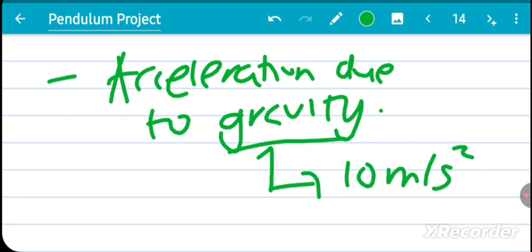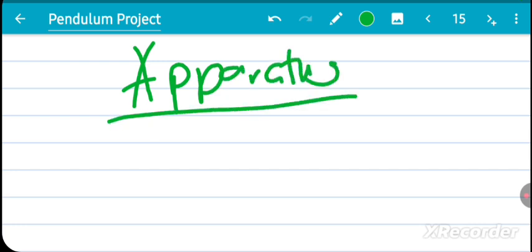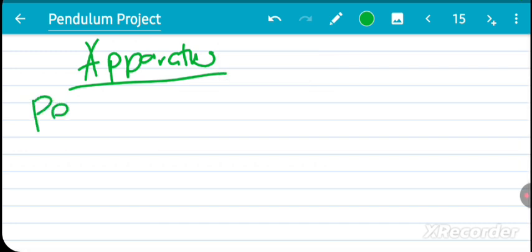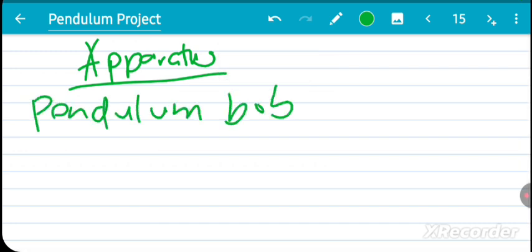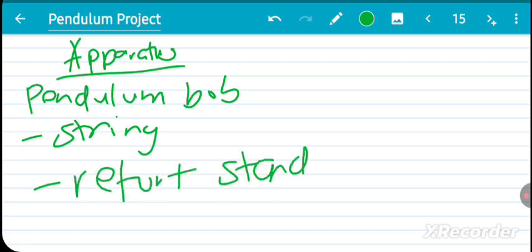So let's move on to the apparatus, the materials that you are going to be using. Obviously you're going to need your pendulum bob, and your string, and also a retort stand and a clamp.